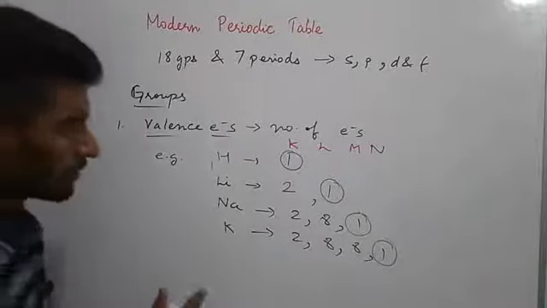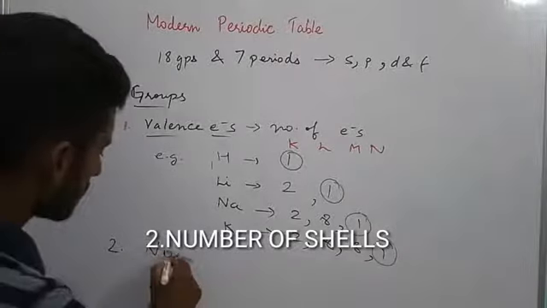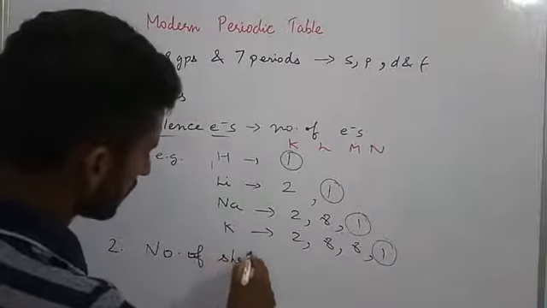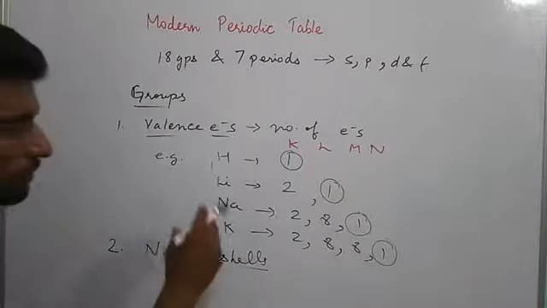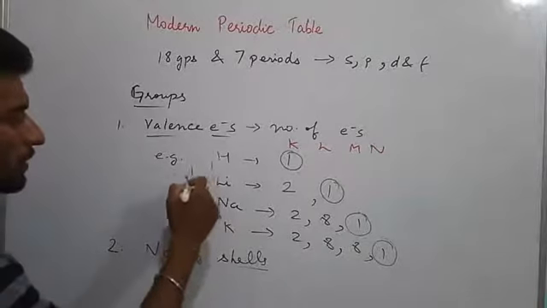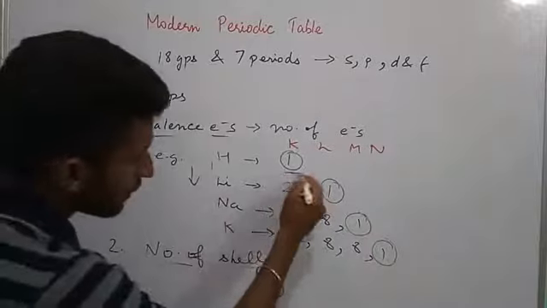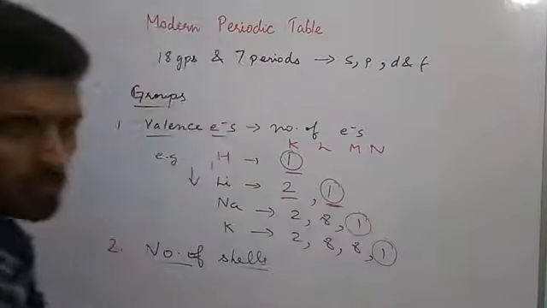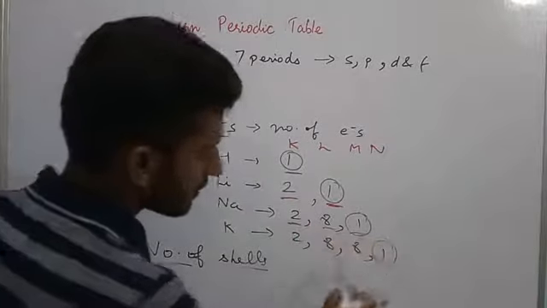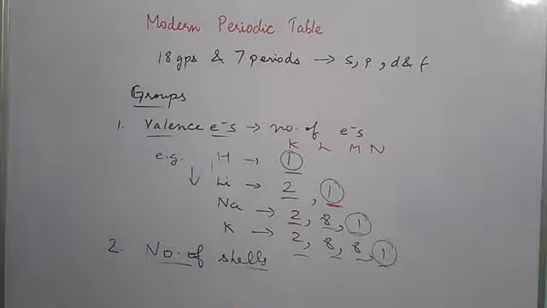Clear? Then second one is number of shells. Number of shells, that is how many orbitals are present in which electrons are revolving. So in a particular group, as one moves downward, from top to bottom, you can see here only one shell is present, here 2 different shells are present, here 3 different shells are present, and here 4 different shells are present, and as one moves downward, one more shell will be added.